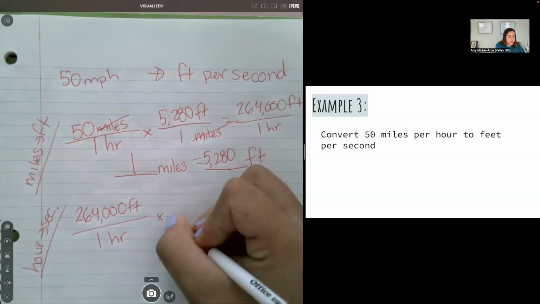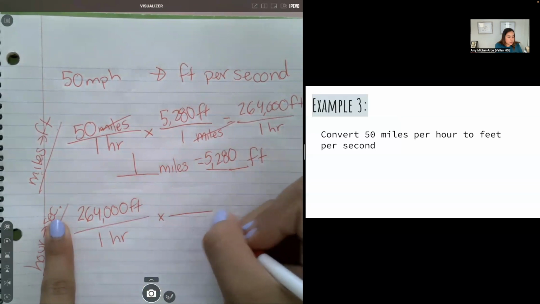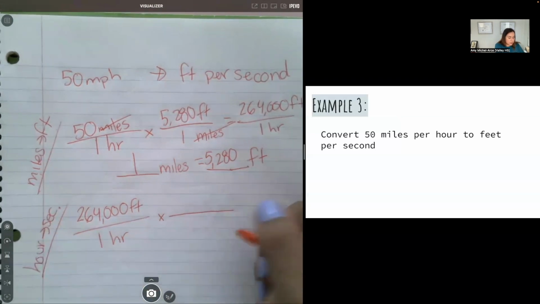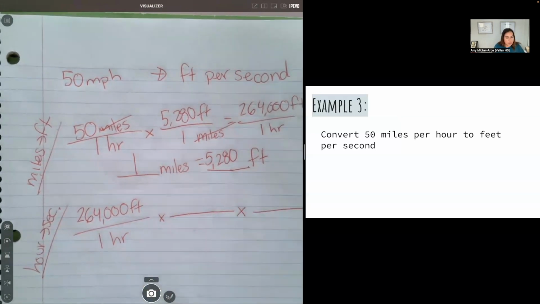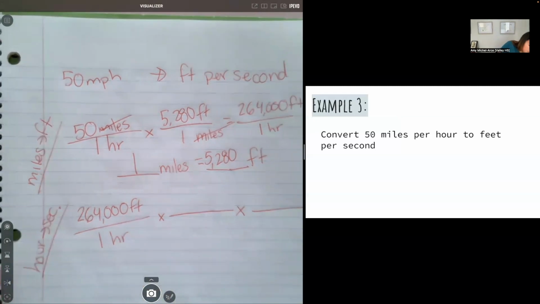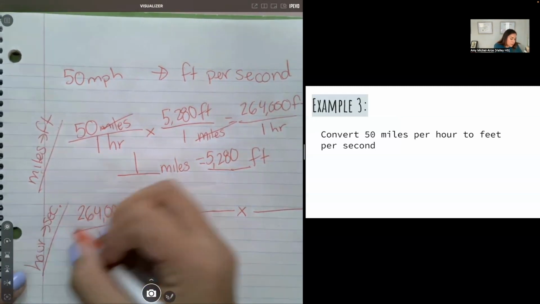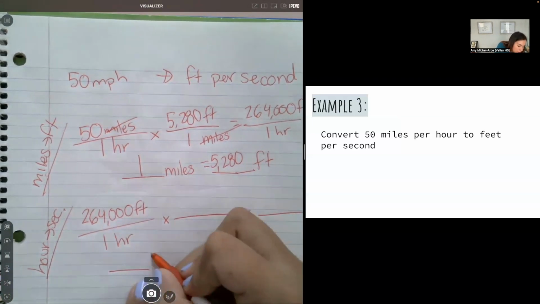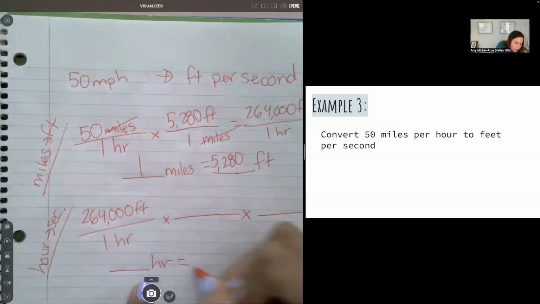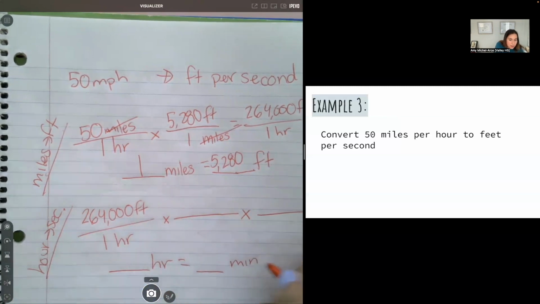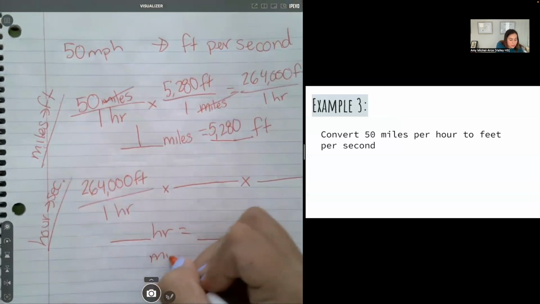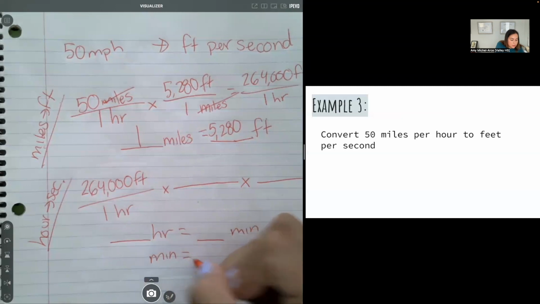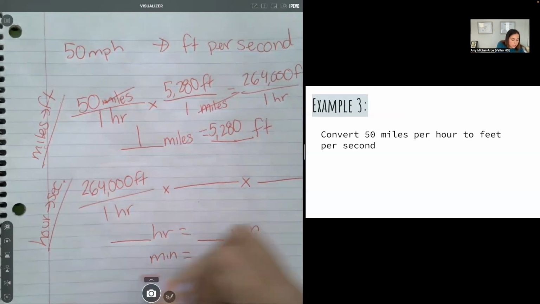And we have to now convert hours to seconds. There are 2 steps to doing this, unless you already know what the conversion is from hours to seconds. But I'm going to do it in 2 steps. First, I'm going to relate hours to minutes, and then I'll change minutes to seconds. Right.